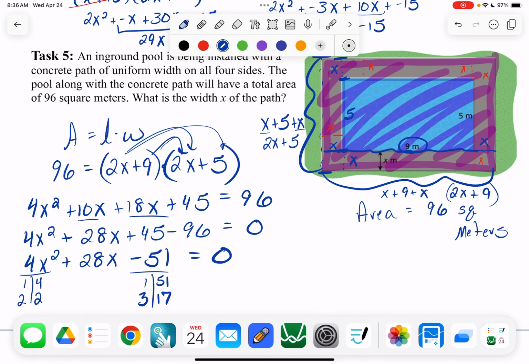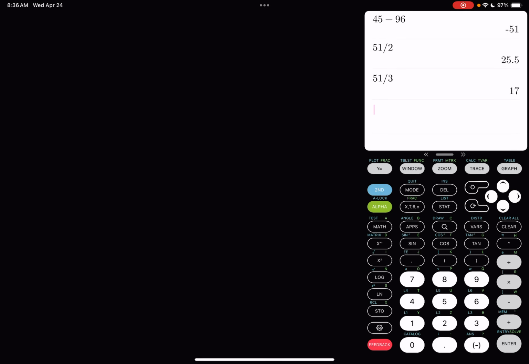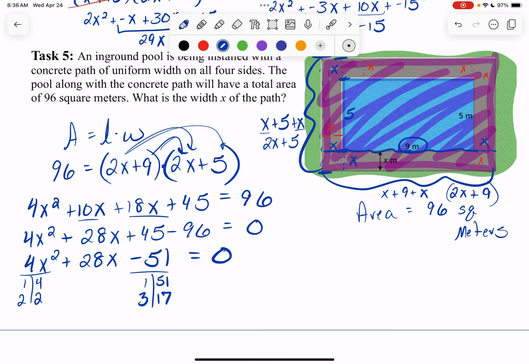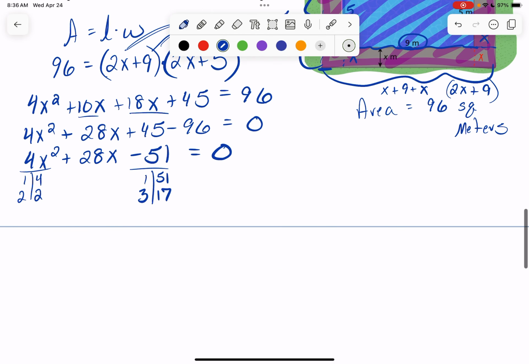Both 3 and 17 are prime. 4, 5 won't go, it doesn't end in a 5 or 0. 6, 7, and then if I go to 8, 51 divided by 8 is smaller than 8 now. So I know if we found them, we found them all. That's all of them. So now we trial and error this.